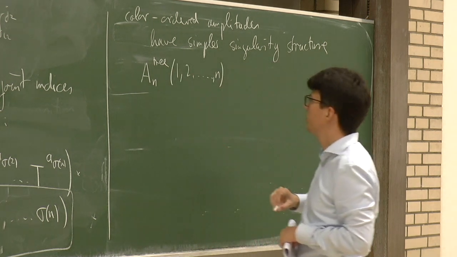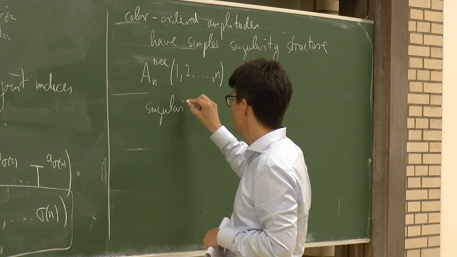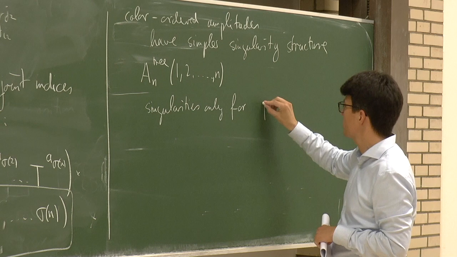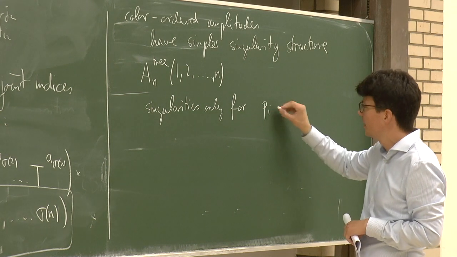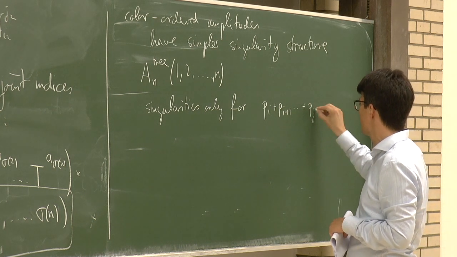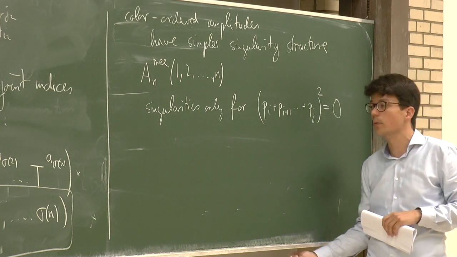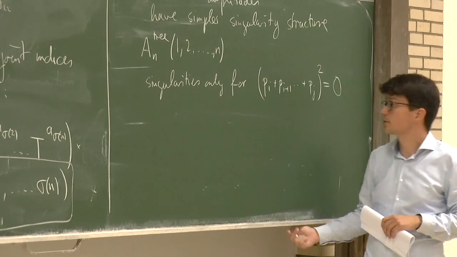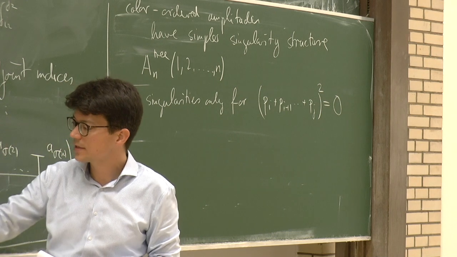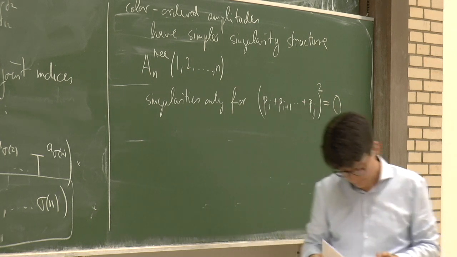Then it will have singularities only at locations where you have some momentum p_i plus p_{i+1} and so on, so a sum of adjacent momenta up to some j vanishes. And so this is different from the case here, where of course when you take this and sum over all also non-cyclic permutations, you get a whole set of possible singularities.